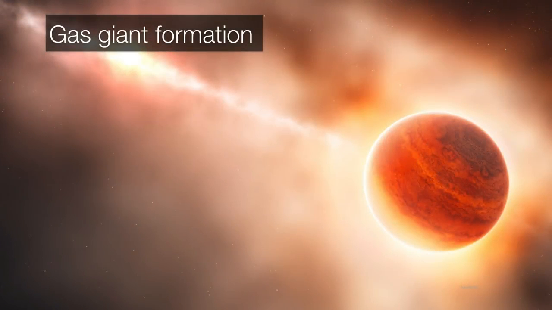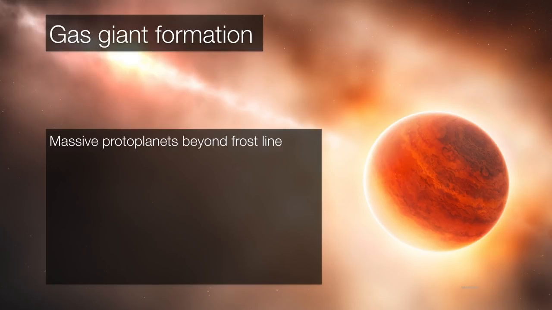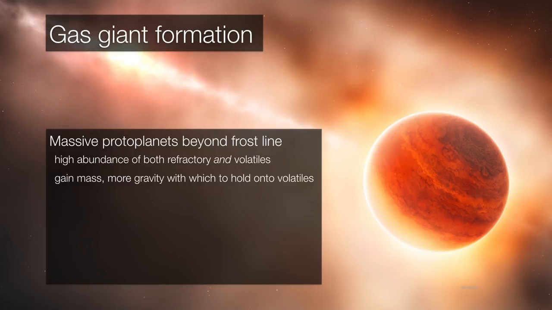So returning our attention to the gas giants, remember, they too are forming out of little disks within the disk. Remember, they're going to form well beyond the frost line, where there is a high abundance of both refractory elements and volatiles, so they have everything. They gain mass by just colliding with additional planetesimals, and because they have more mass, because they're now proper protoplanets in their own right, they're able to accrete these volatiles.